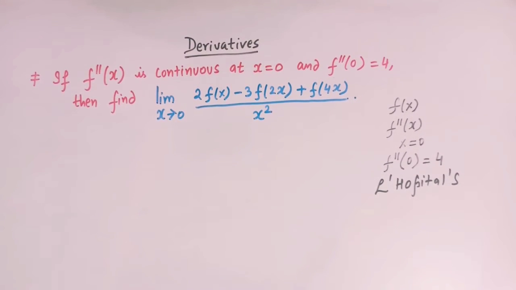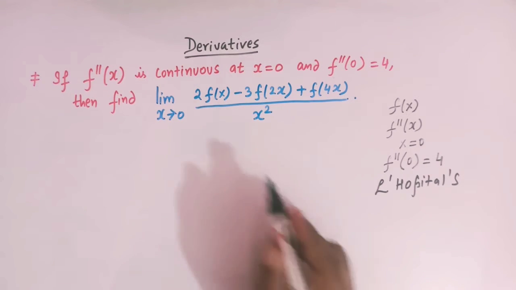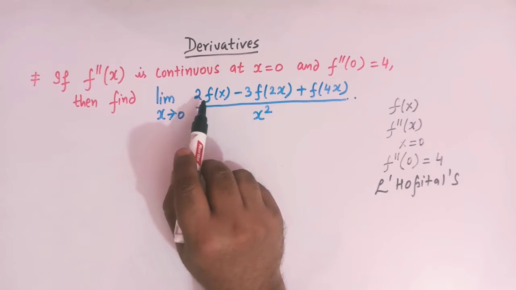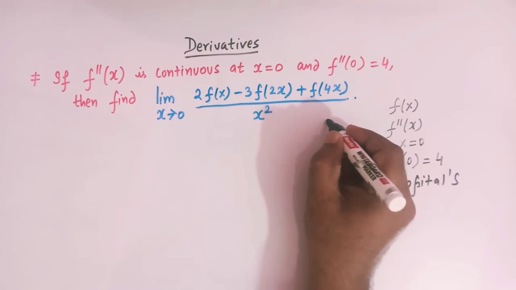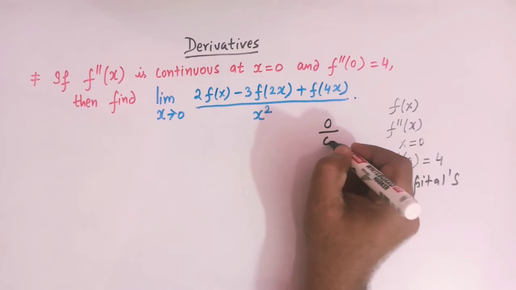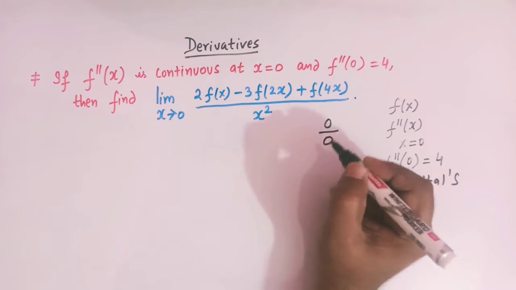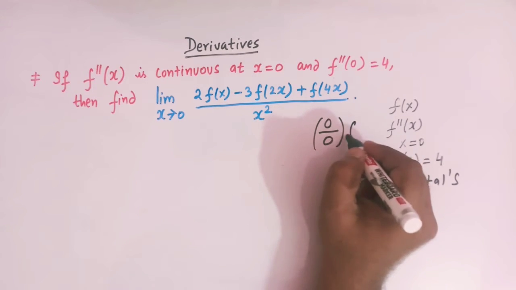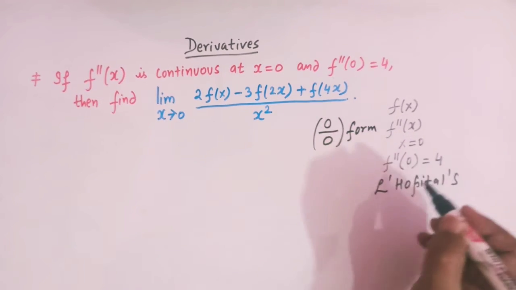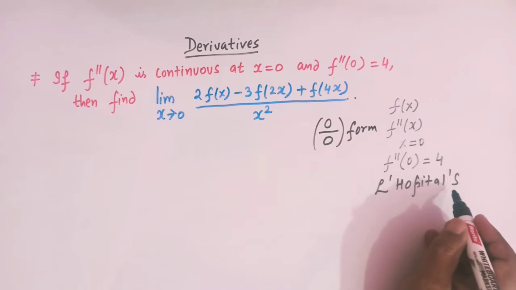So in L'Hopital's rule, what we usually do, we differentiate the numerator and denominator, right? When we have the condition of 0 over 0, right? So when we have the 0 over 0 form, then we apply the L'Hopital's rule, right?